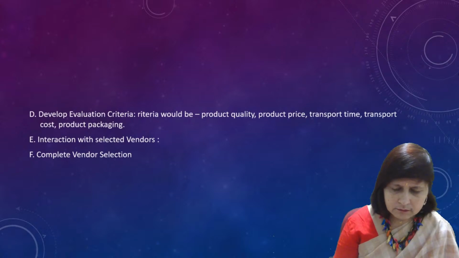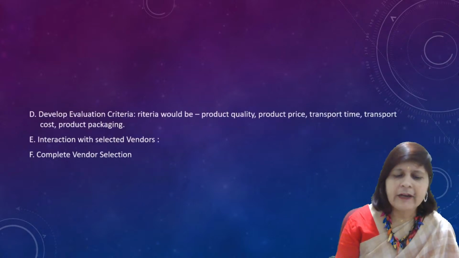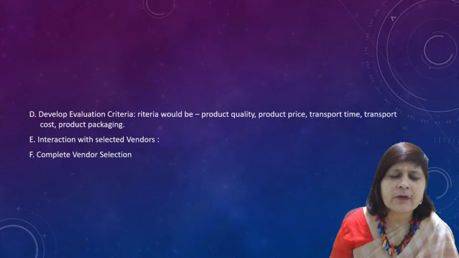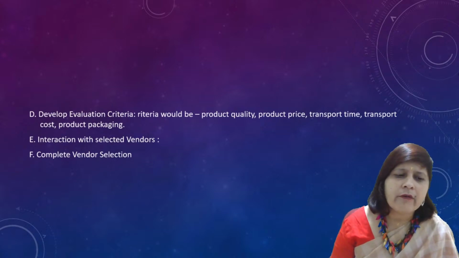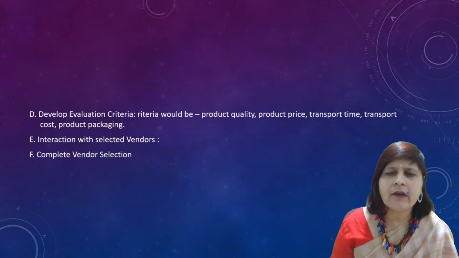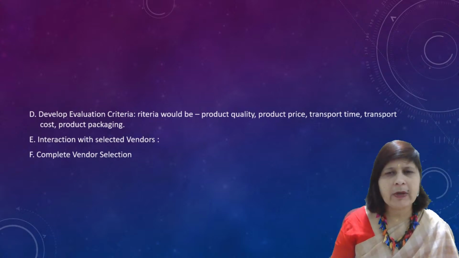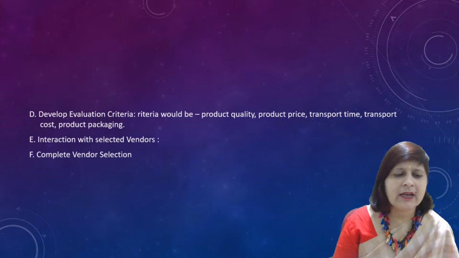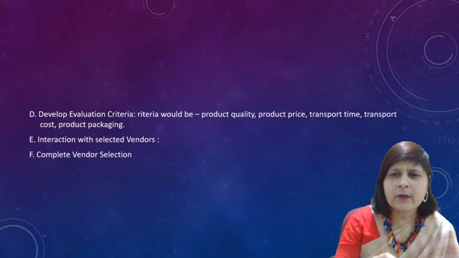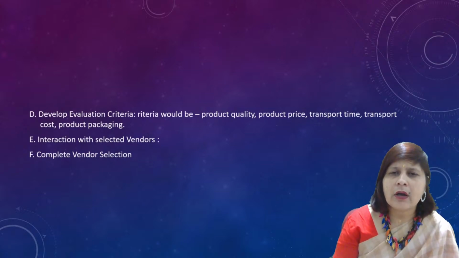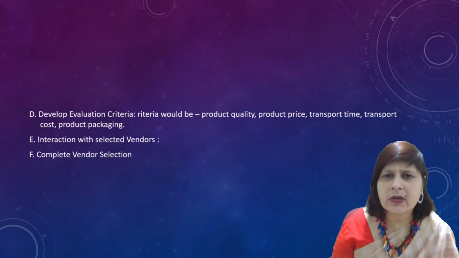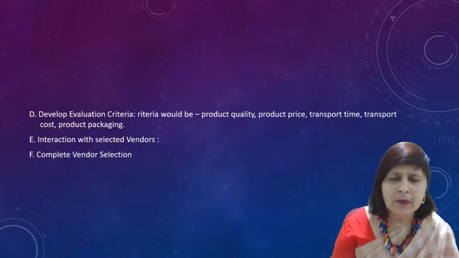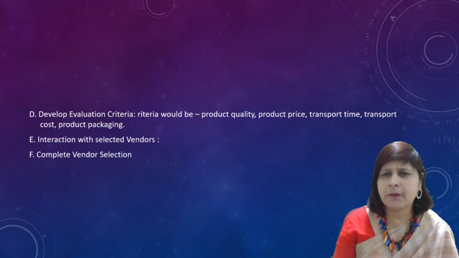After identifying the vendors or the source of supply, right, you have developed an evaluation criteria, and then interact with the selected vendors. Interact with the vendors so that you could come to know about their price, about their product quality, about their terms and conditions, about their transport, packaging, and the product.